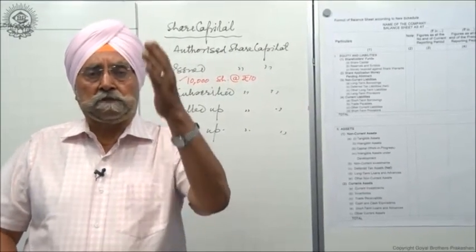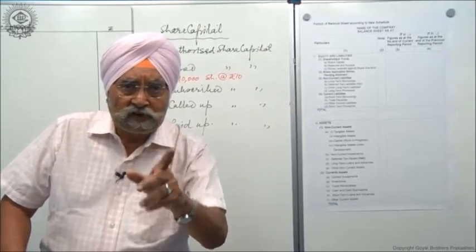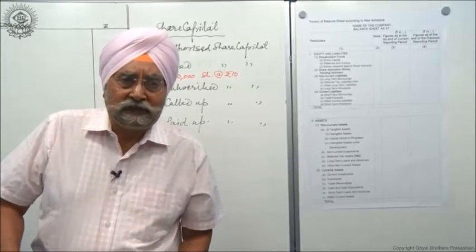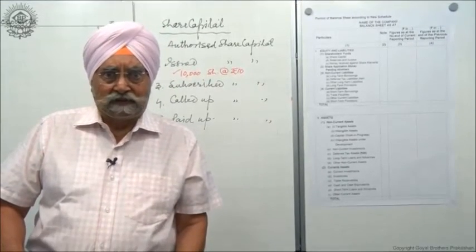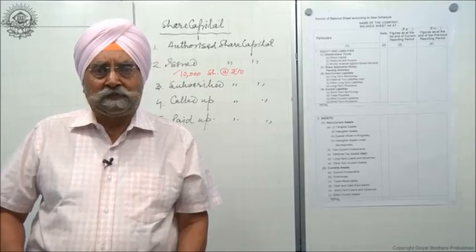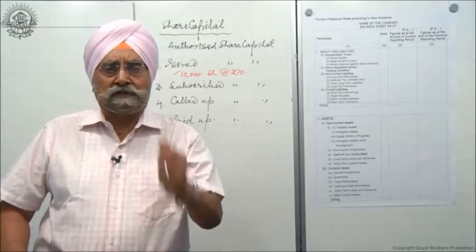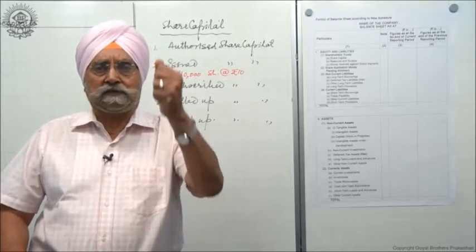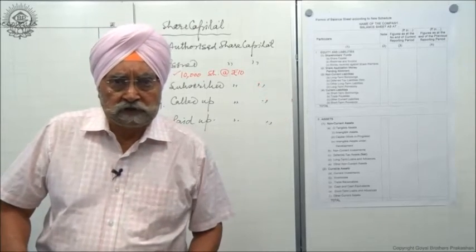Now it is for the public to decide whether they want to apply or not. If the public thinks that yes, the company is very good, the persons who are running the company, the management, they are very reliable people, they have good standing, they have a high rating of goodwill, people will come in large number to apply for the share.